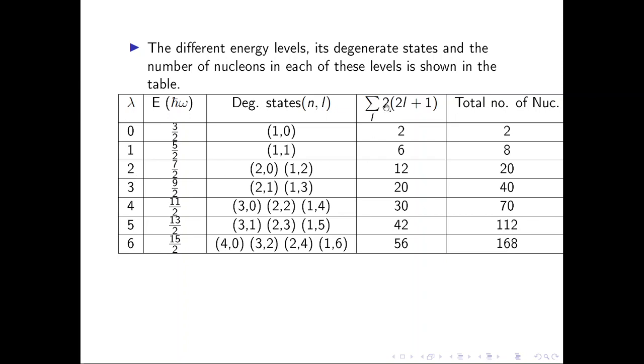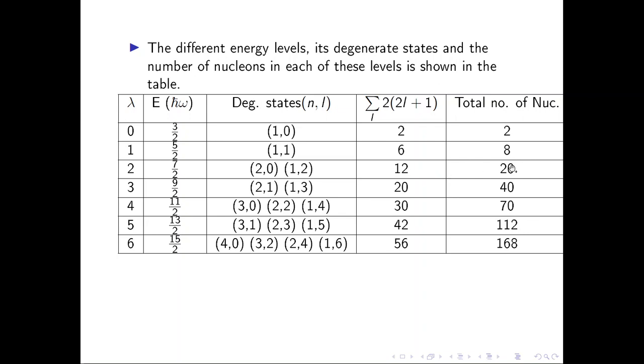Therefore, the summation 2 into 2l plus 1: in the first case we put l is 0, 2 into 0 plus 1, into 2, that is 2, and next we put l equal to 2: 2 into 2, 4, plus 1, 5, 5 into 2, 10, plus the other 2 gives me 12. You can work it out. So 12 nucleons can be there in this degenerate level.